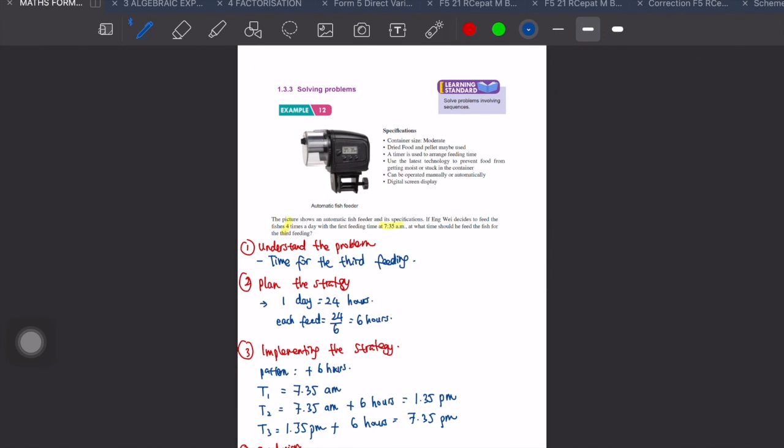You need to use some strategies. For this example, I do 4 steps. First, you need to understand the problem. Next, plan the strategy. Then implementing the strategy. And finally, you do a conclusion.